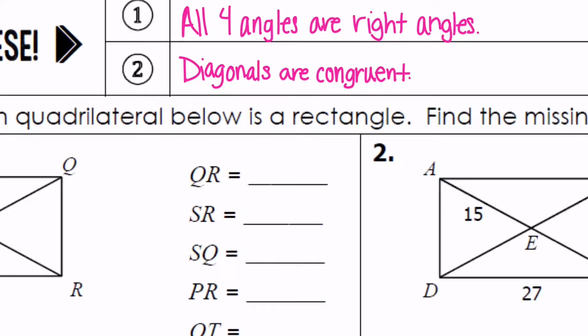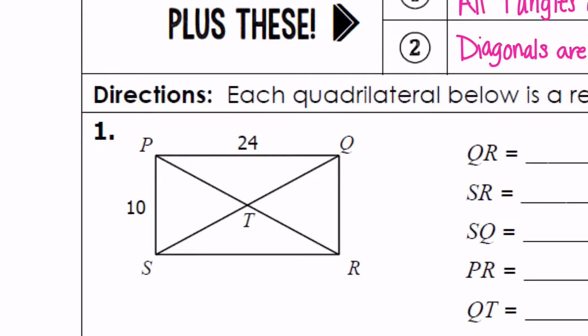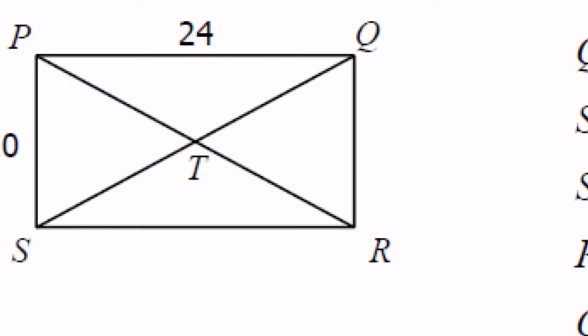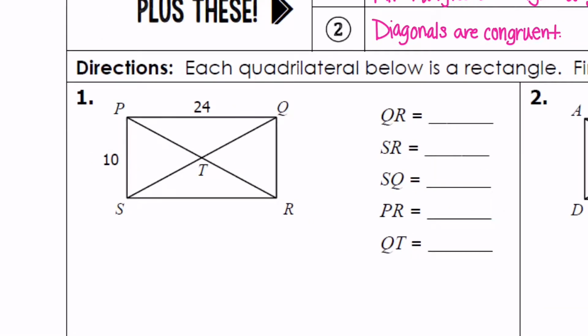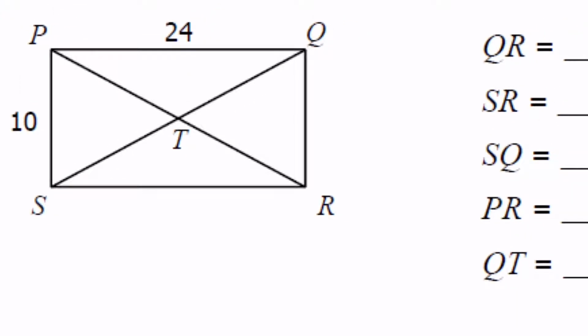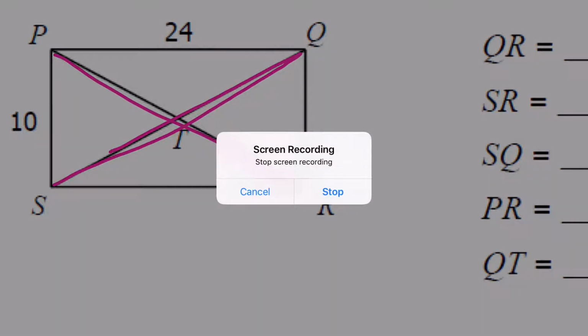Also, the diagonals are congruent. So when they bisect, they actually create all 4 congruent pieces. Well, okay, the diagonals in general. This is congruent to this.